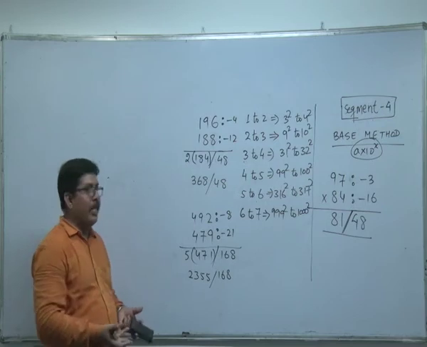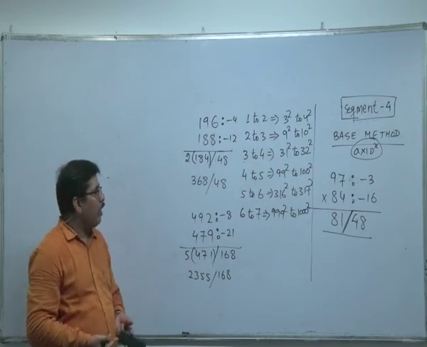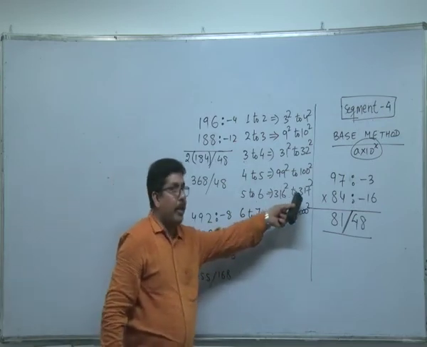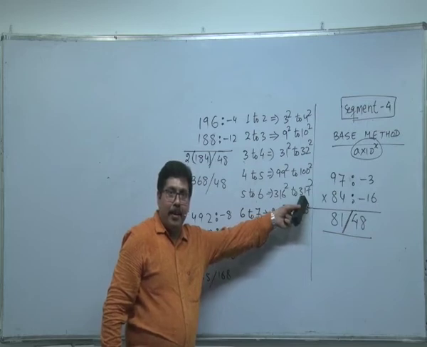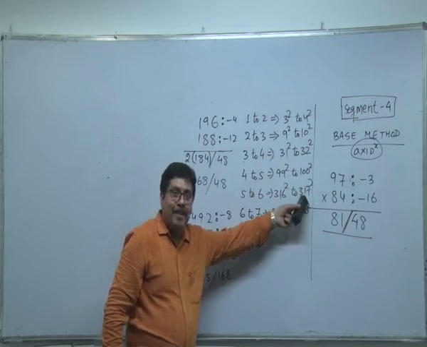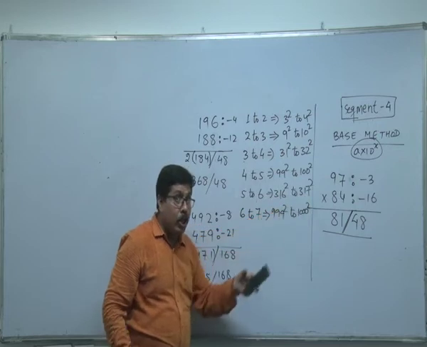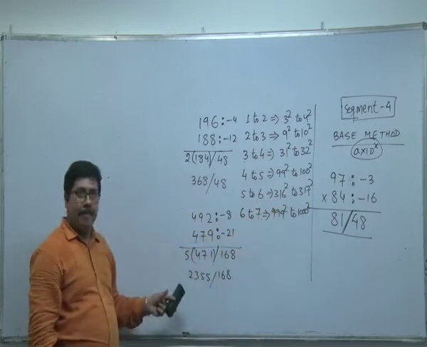Actually, we require how many digits? You know that 317 square and onward, the number of digits should be 6. But actually, we are getting how many digits? 7.